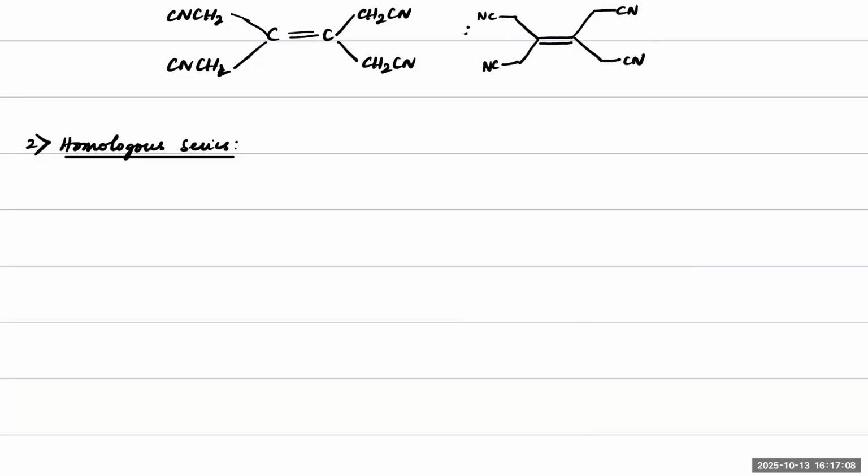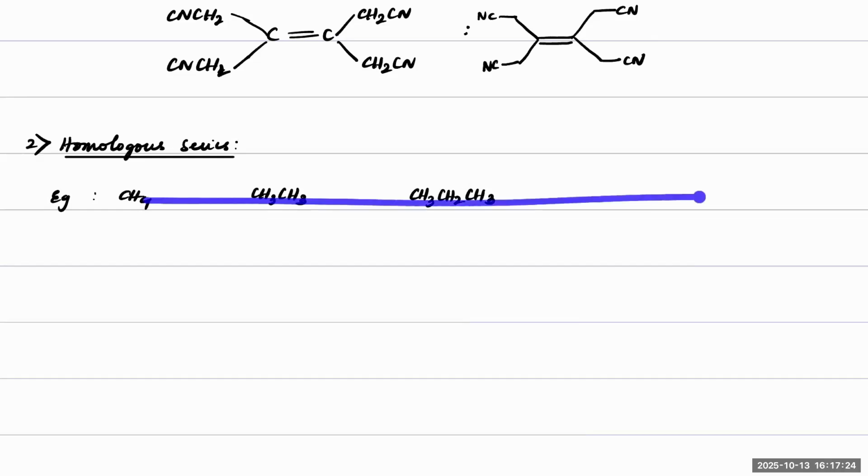For example, CH4, then CH3CH3, then CH3CH2CH3. These are all in a homologous series. The variation should be only CH2.